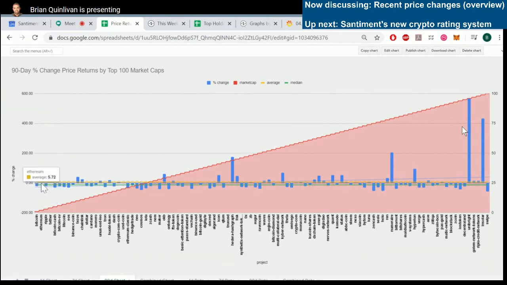You can also look at things like the average line, which is 5.72% over the past 90 days, whereas the median is -13. So when you take away all the noise, you can see a big difference between the average and median right now.